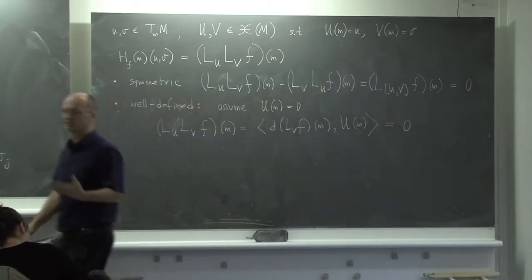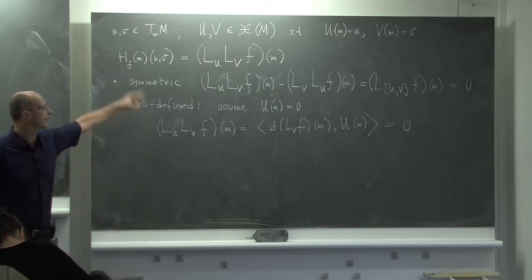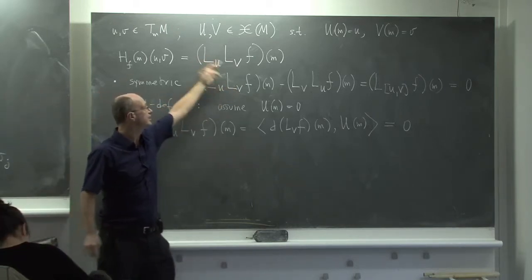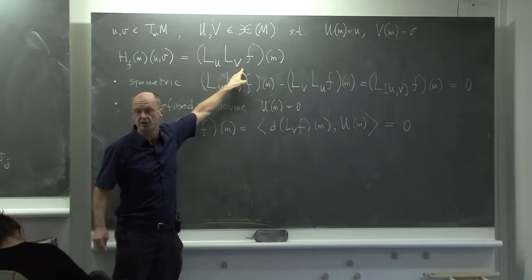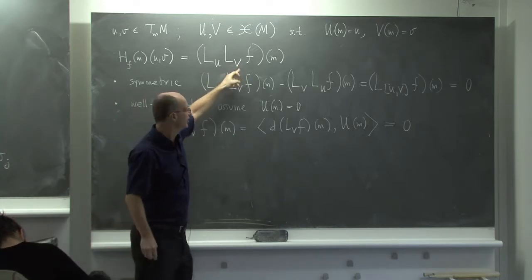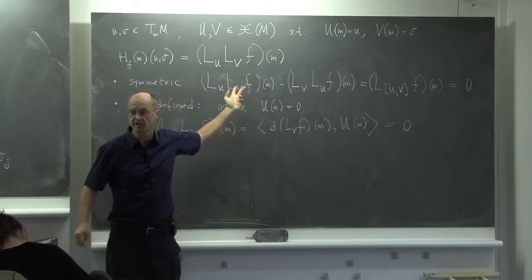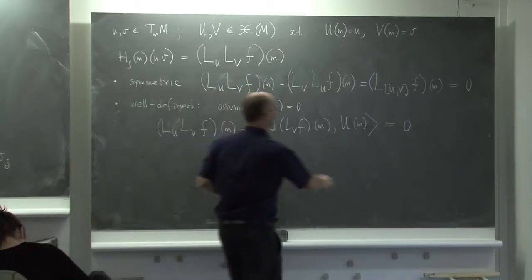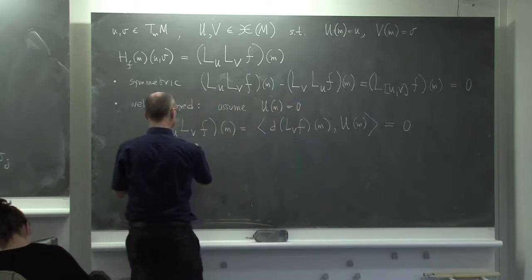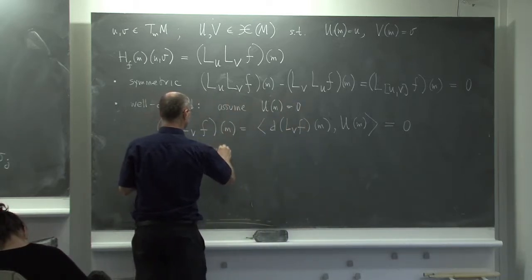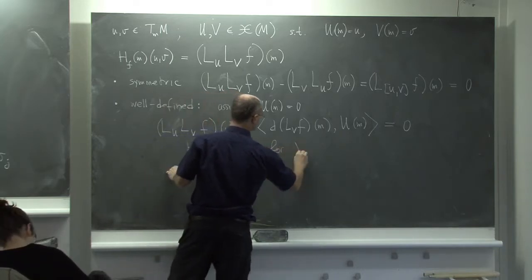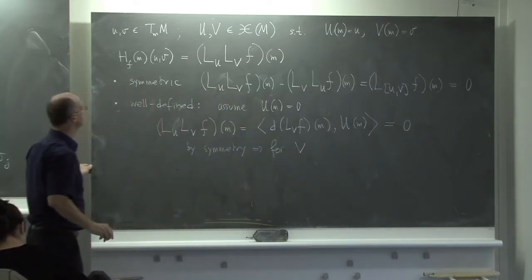So if the vector field vanishes at that point, you get 0, at least for the first entry. For the second entry, it's less obvious, right? But on the other hand, we just proved that it's symmetric, so for the second entry, that's going to be the same. And so the same applies to V.